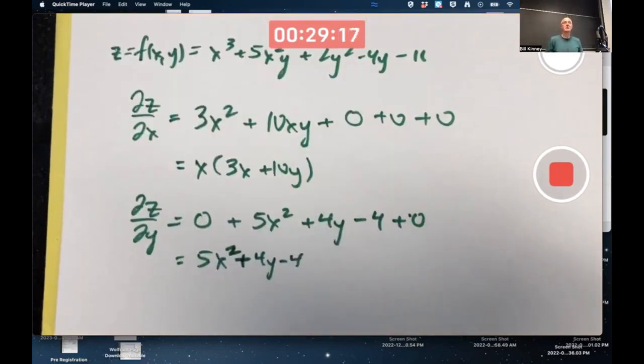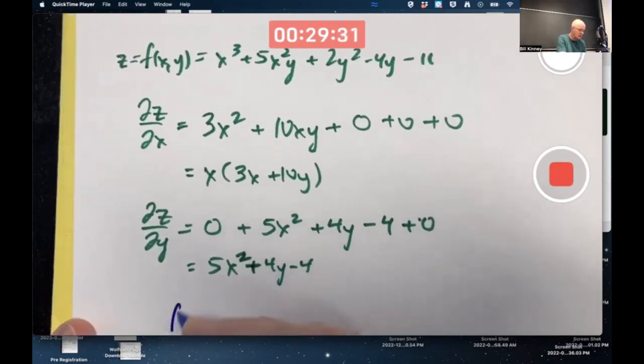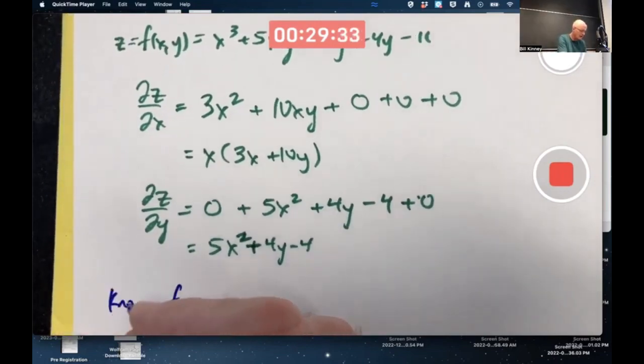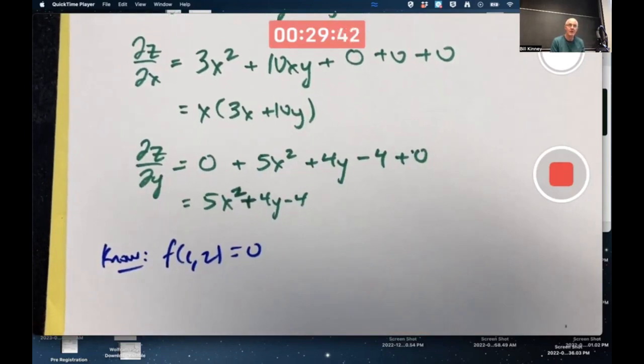These can be interpreted as rates of change. And I can use them to do linear approximations, just like in the one variable case. For example, I know f of 1, 2 is 0, right? I verified that in Mathematica before.